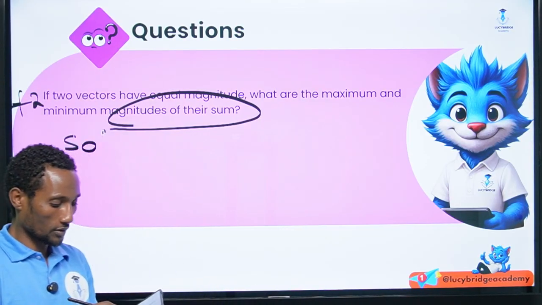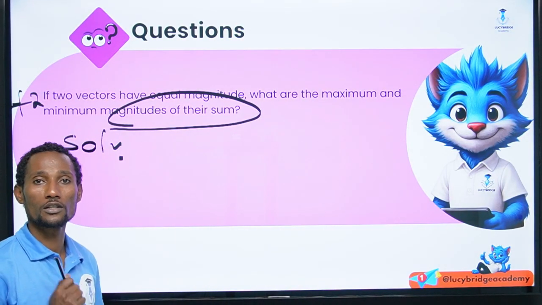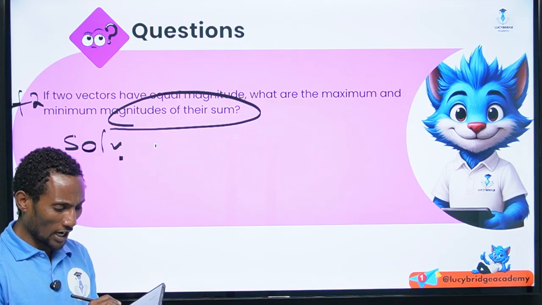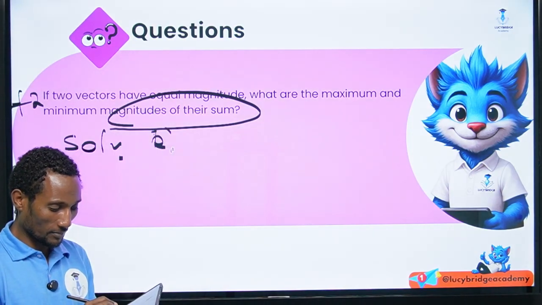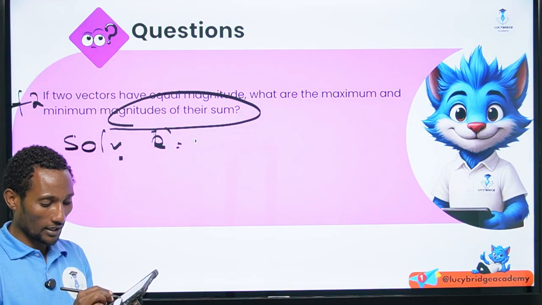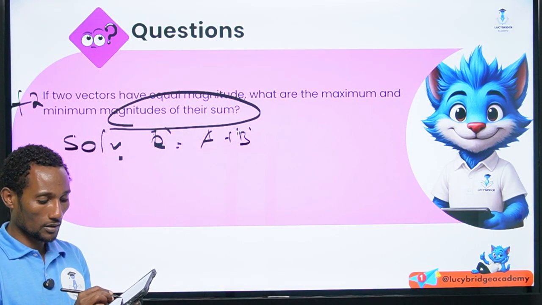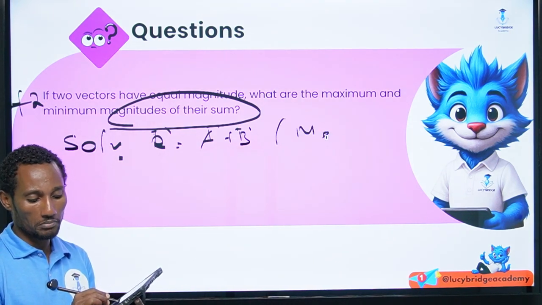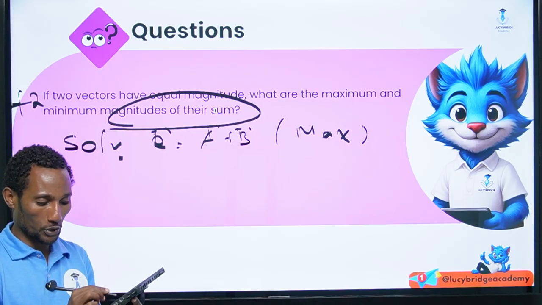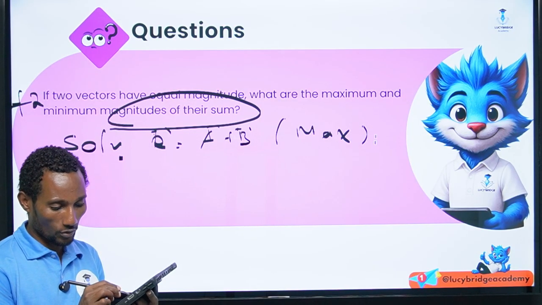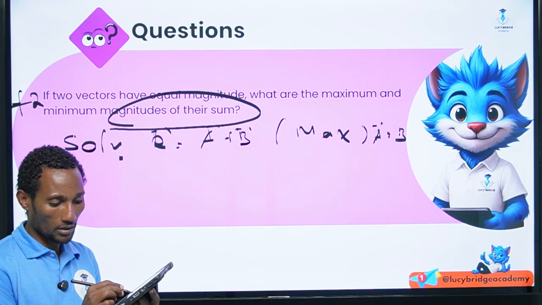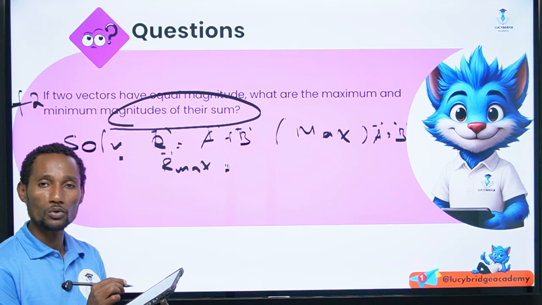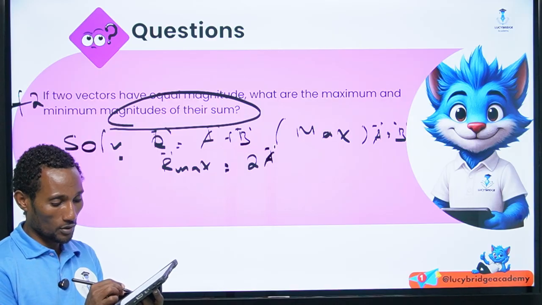The maximum resultant vector is found by A plus B. Having equal magnitude, A is the same as B. Then the resultant, which is maximum, is equal to A or to B.